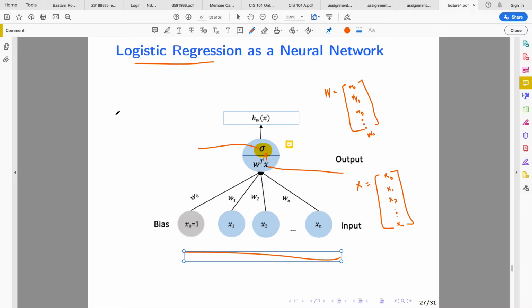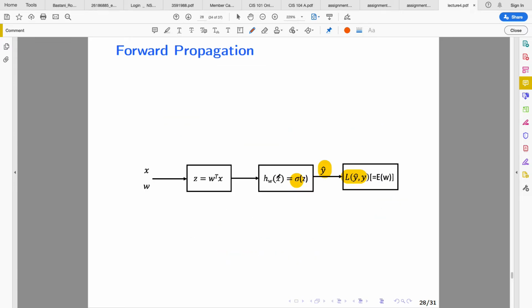Don't forget that what our sigmoid function does is this: it takes in a z, which in this case is w transpose x, and it evaluates 1 over 1 plus exponential of negative z.